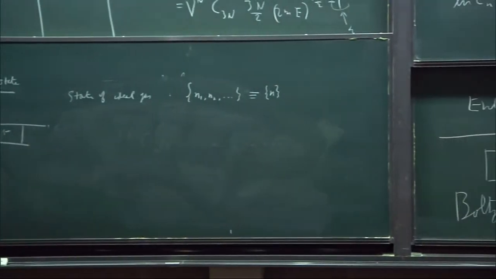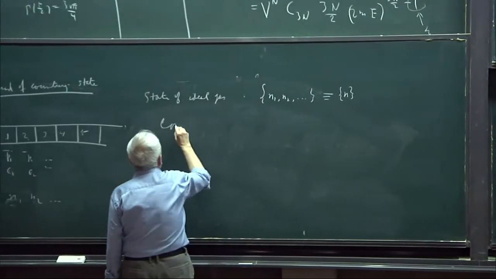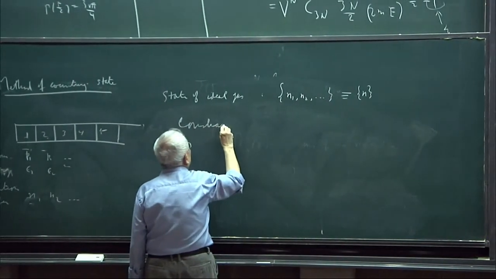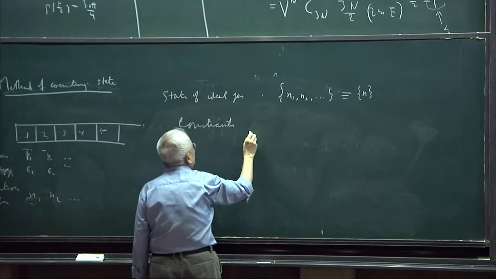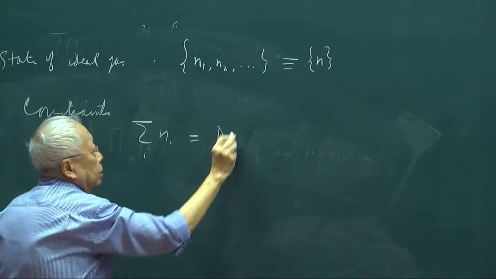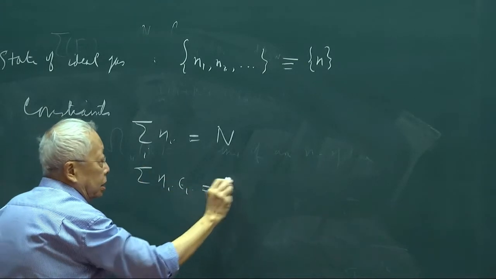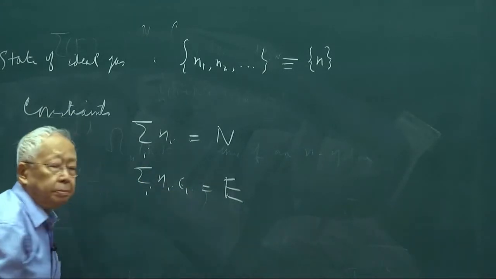And so the curly bracket of n is just a set of occupation numbers. And of course, they must obey some constraints. Namely, the sum of all n is the total number of particles. And the sum of n_i times epsilon_i is the energy of the system.